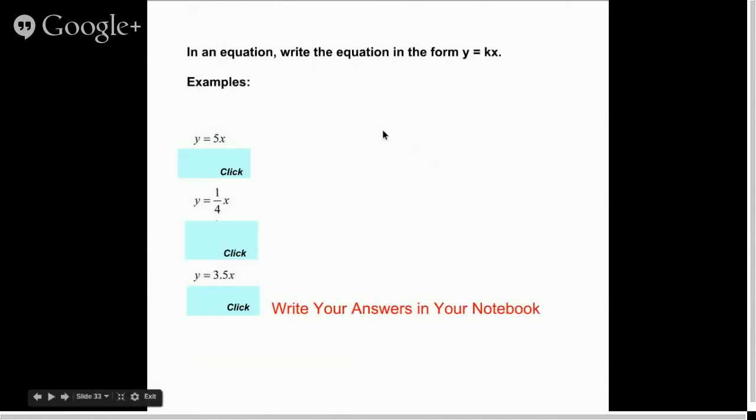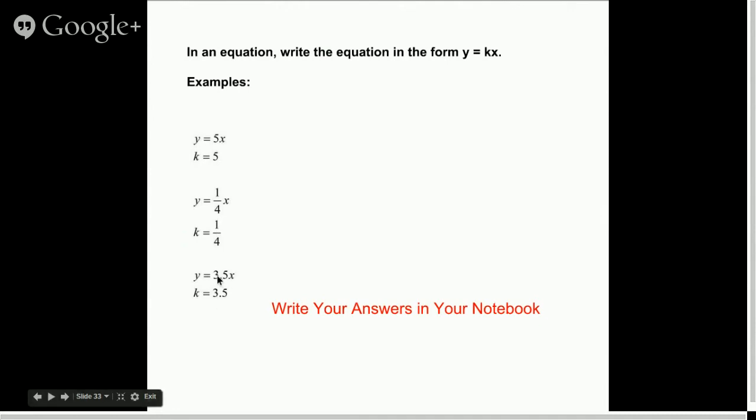When we actually write it out in an equation, okay, y equals k times x, can you find the constant of proportionality? Which one is the constant of proportionality? Go ahead and pause it. Okay. We have k is 5 here, k is a fourth here, k is 3.5 here. Pretty easy.